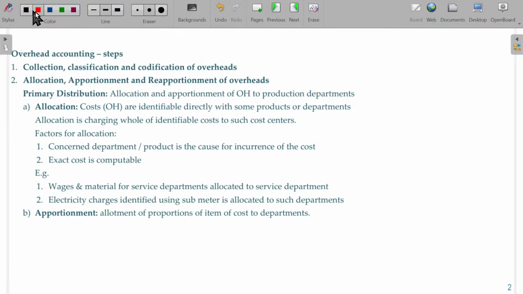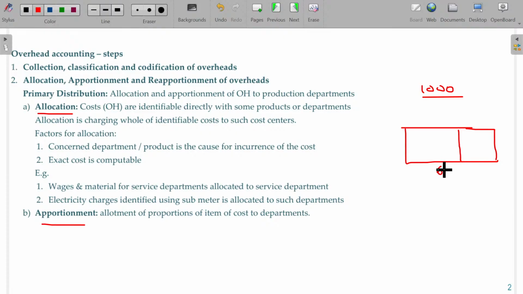What is the main difference between allocation and apportionment? For example, the electricity being 1000 rupees you pay for the entire hall. Now assume that the first hall has 60% of the area and the second hall has 40%.